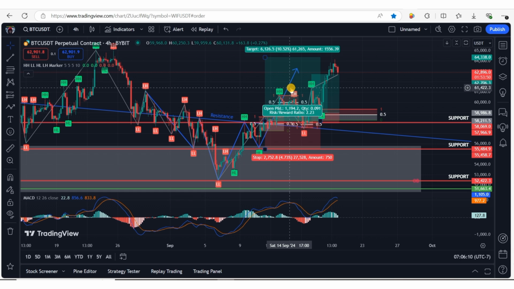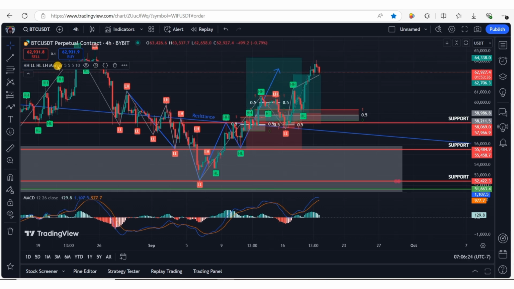This indicator is a very great indicator. It shows the higher highs and higher lows, lower lows, and the rest. So it's a great indicator to help us see the market structure, the downtrend, uptrend, and the rest. It was the indicator that helped me discover this structure.